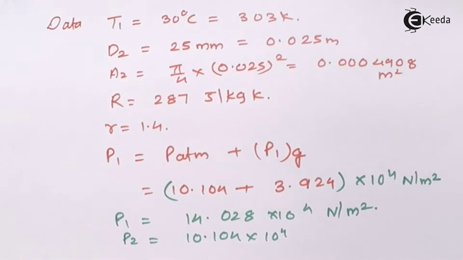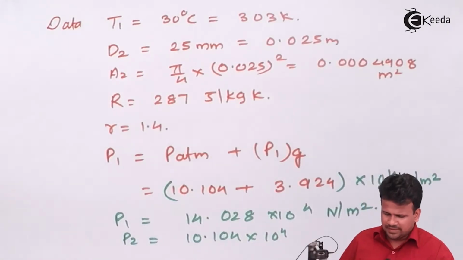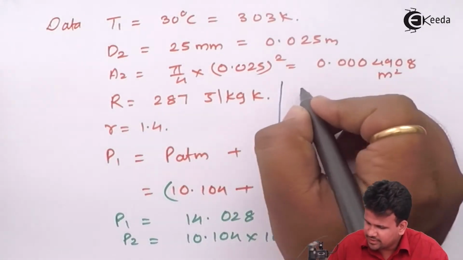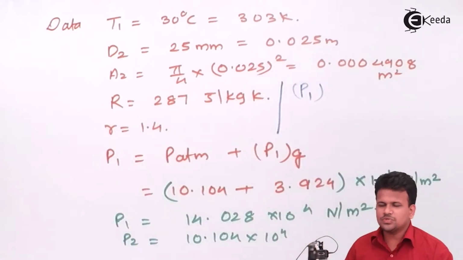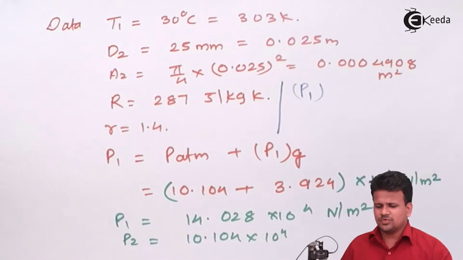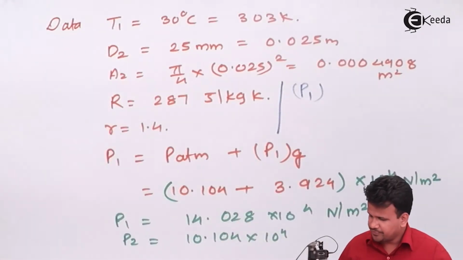Besides this data, they have given another case where P1 is exposed to another pressure, that is 33.35. So we'll solve that case 2 later. We'll solve this case 1 now.